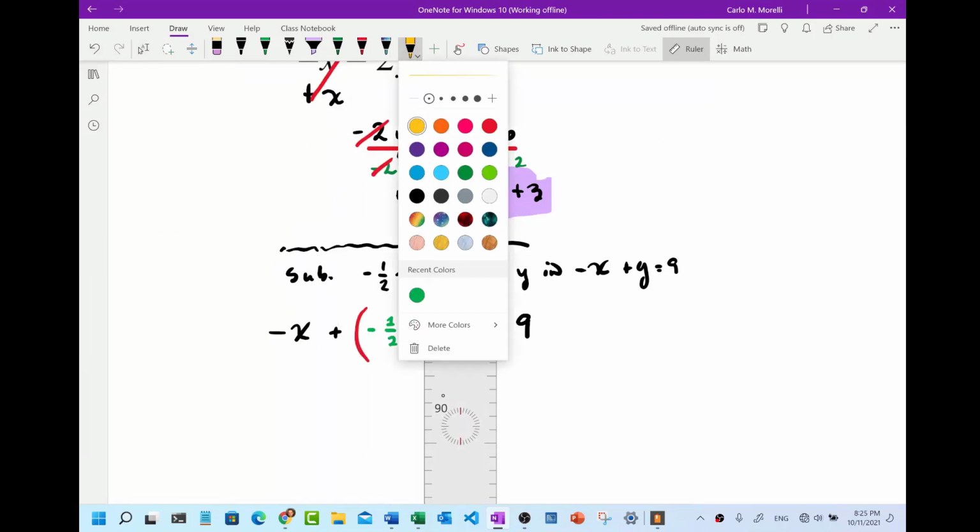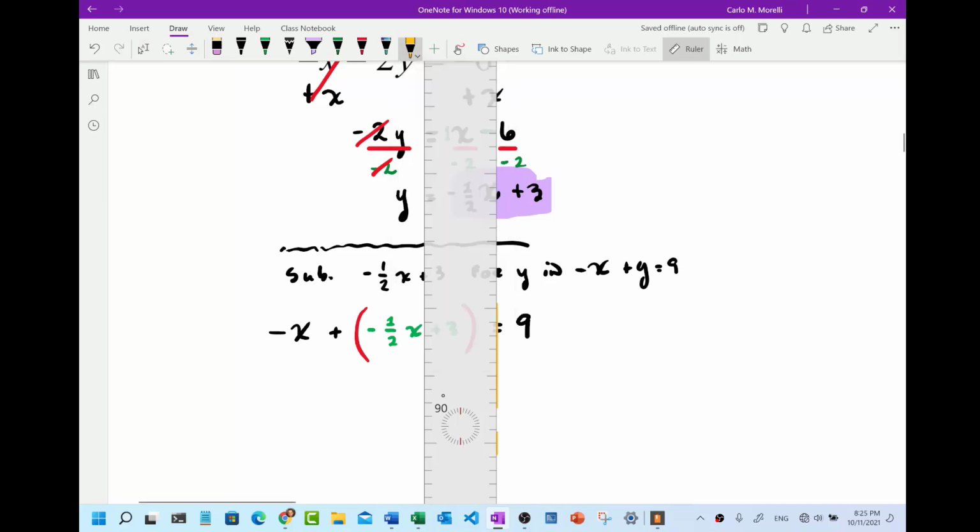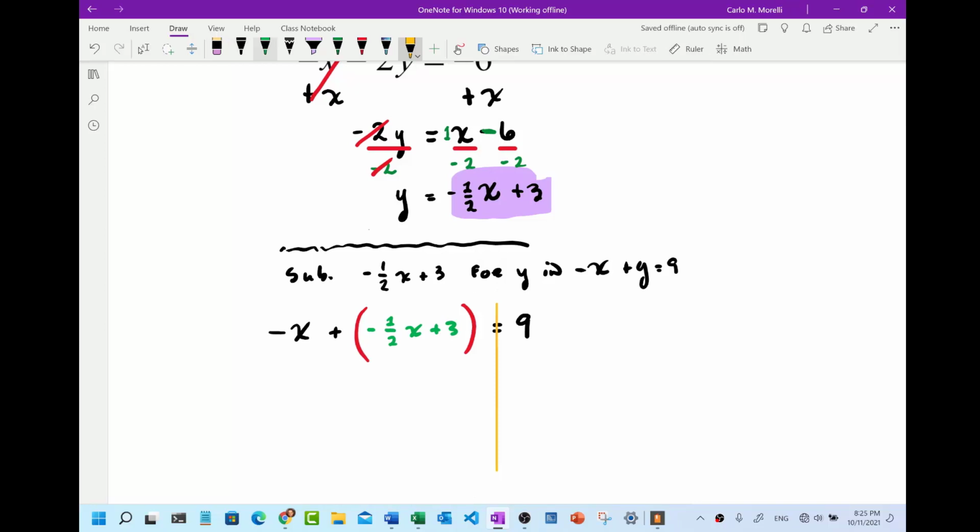So let's get our guide mark going. And we just drop the parentheses: negative x minus 1 over 2x plus 3 equals 9.